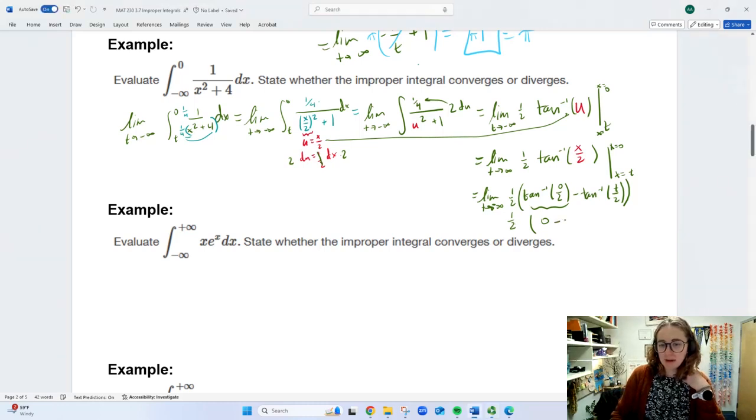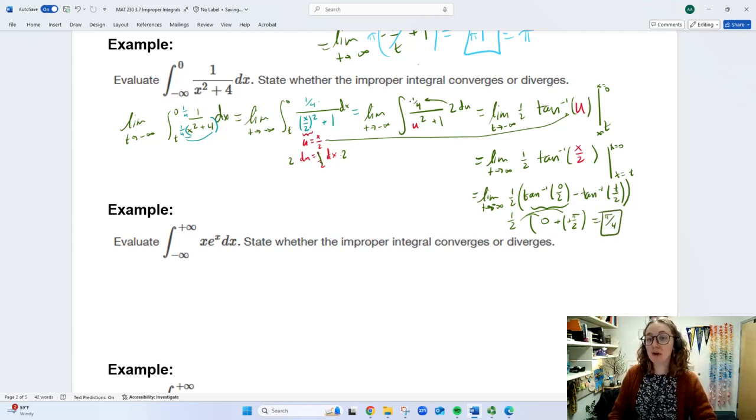So I have a minus negative pi halves, and those two negatives cancel out. My 1/2 multiplies that, and I have pi fourths as what it is converging to. So it converges to a number there.